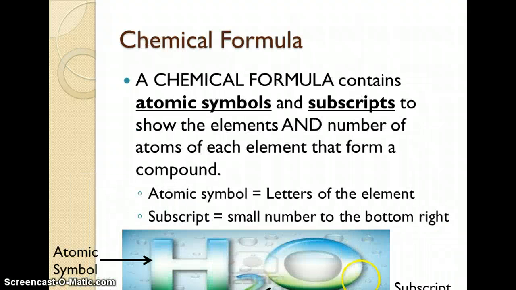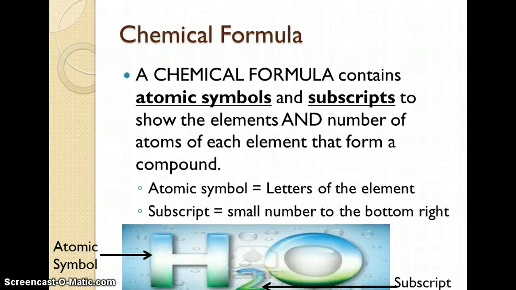Next is a chemical formula, and a chemical formula contains atomic symbols and subscripts to show the elements and the number of atoms of each element that form a compound. So it basically is a mix of letters and numbers that tell you what is in each compound.